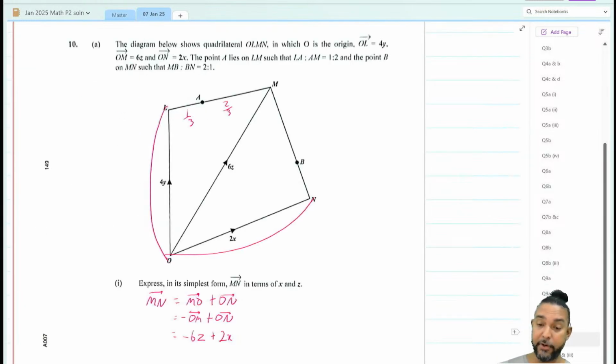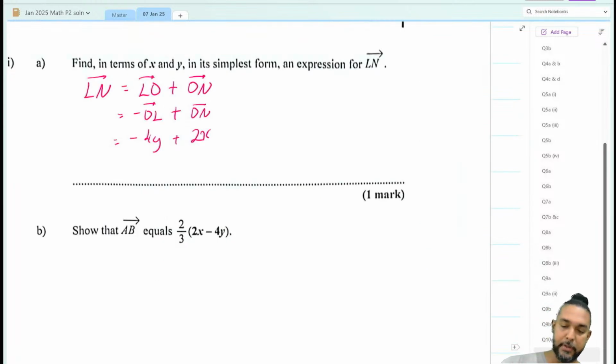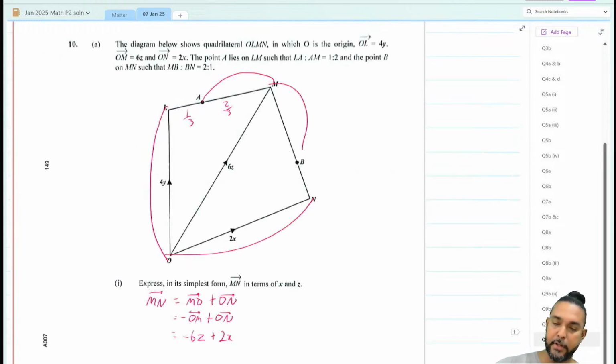AB, the vector AB. To go from A to M and then M to B. So AB is equal to AM plus MB. AM is 2/3 of LM.